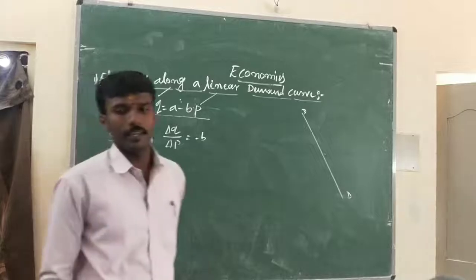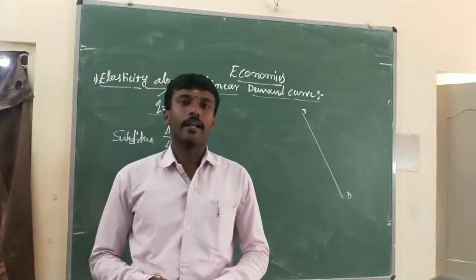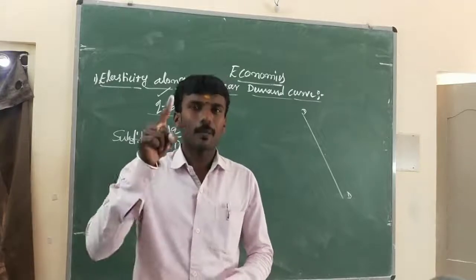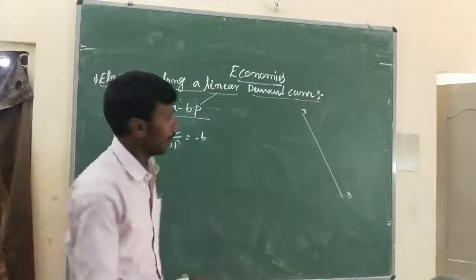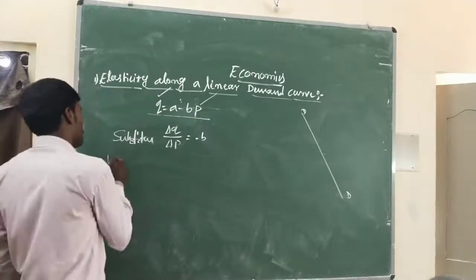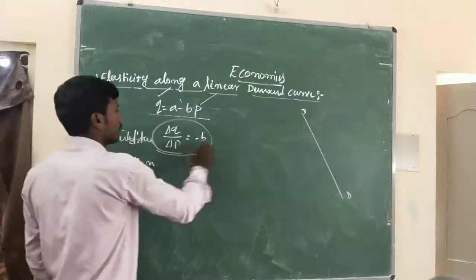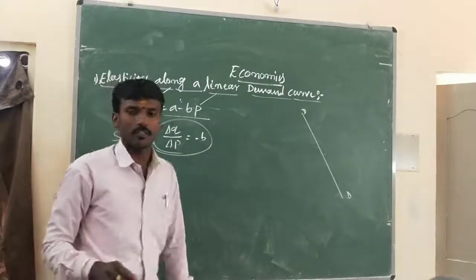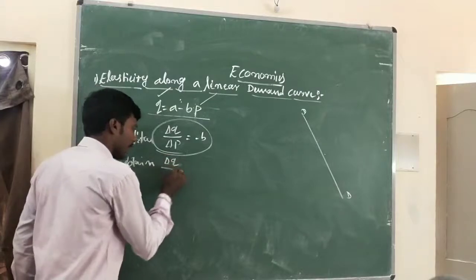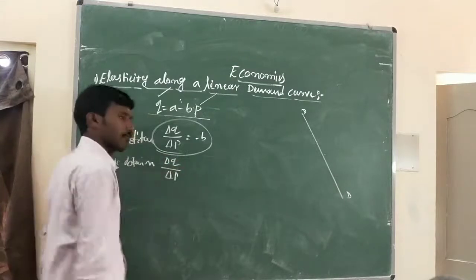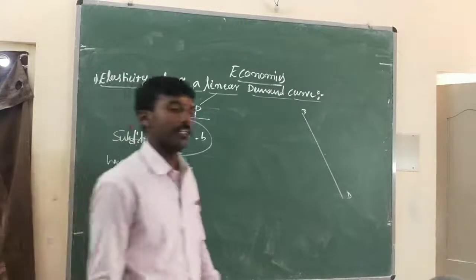We obtain, ಸೊ ಈ ವ್ಯಾಲ್ಯೂ ಸಬ್ಸ್ಟಿಟ್ಯೂಟ್ ಮಾಡಿದ್ರೆ ನಮಗೆ delta q divided by delta p ಈ ಈಕ್ವೇಷನ್ ಸಿಗುತ್ತೆ.